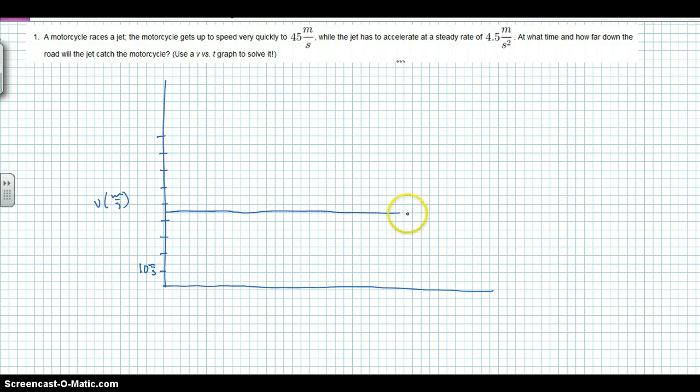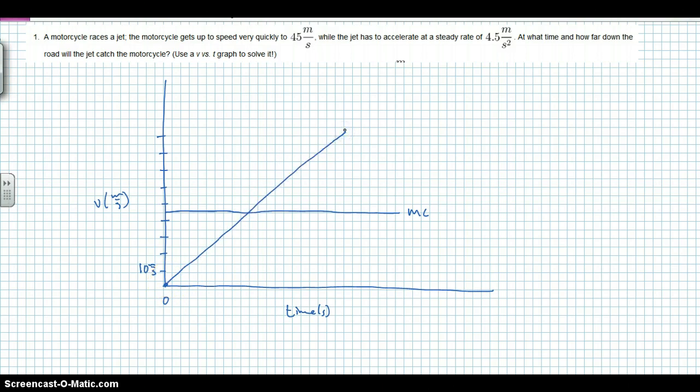That'll be our motorcycle. And the jet starts from rest, and it's going to increase its speed at a constant rate. So we should have a linear v versus t graph. Now, I'm not actually going to label any values on the time axis.